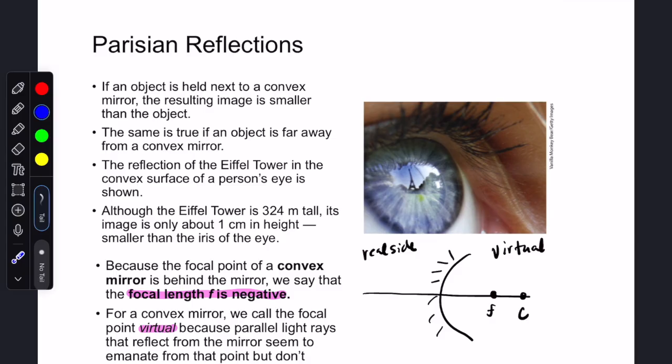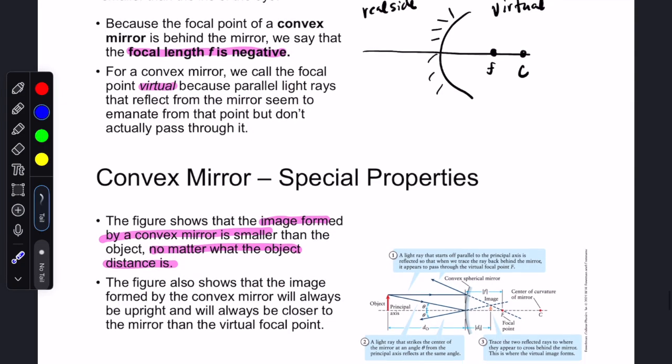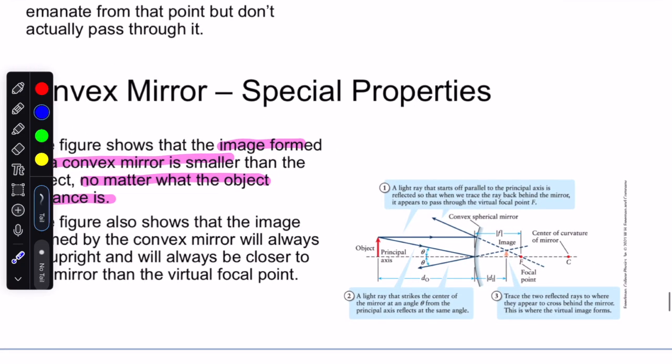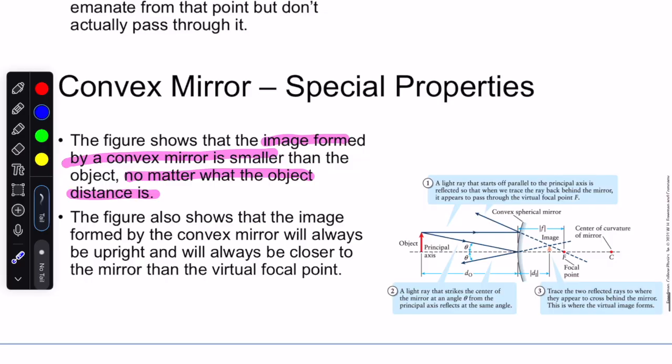And it's negative because when we draw our ray diagrams, what we see is that the light rays on the real side never converge, right? They point out. So when our eye is over here looking at those light rays, converging or diverging, I should say, our eye is going to trace them back and it's going to make them converge on the virtual side.